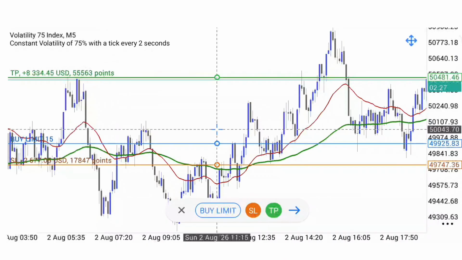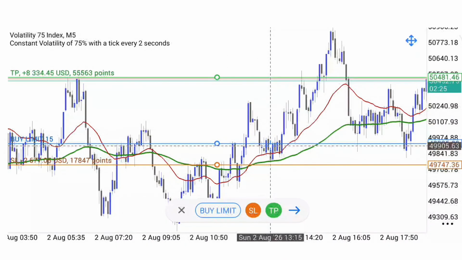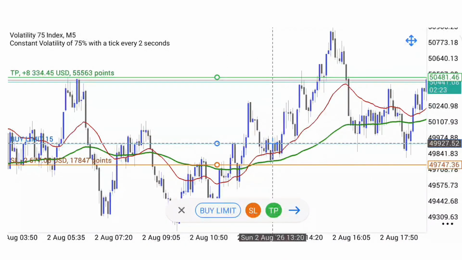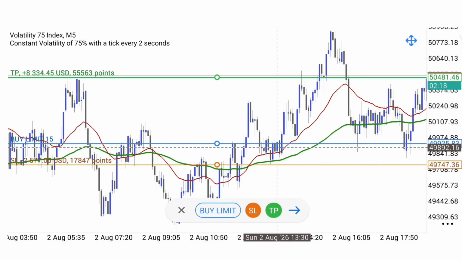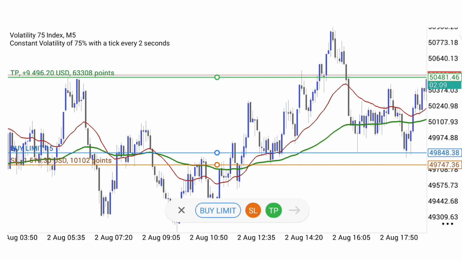So let me show you something. Look at the engulfing candle here. You know that when the engulfing candle appears, you can take the trade. So just placing your limit order at the half of that engulfing candle is just a risk management strategy in order to make more profit from this setup.